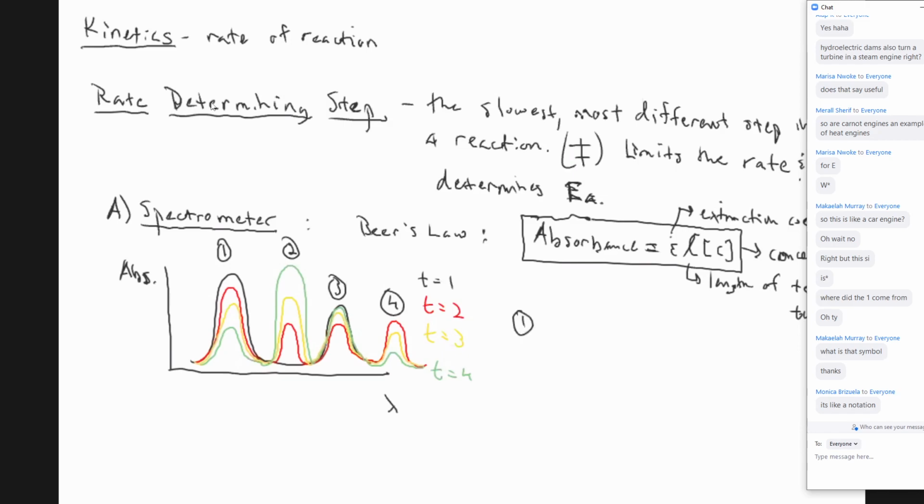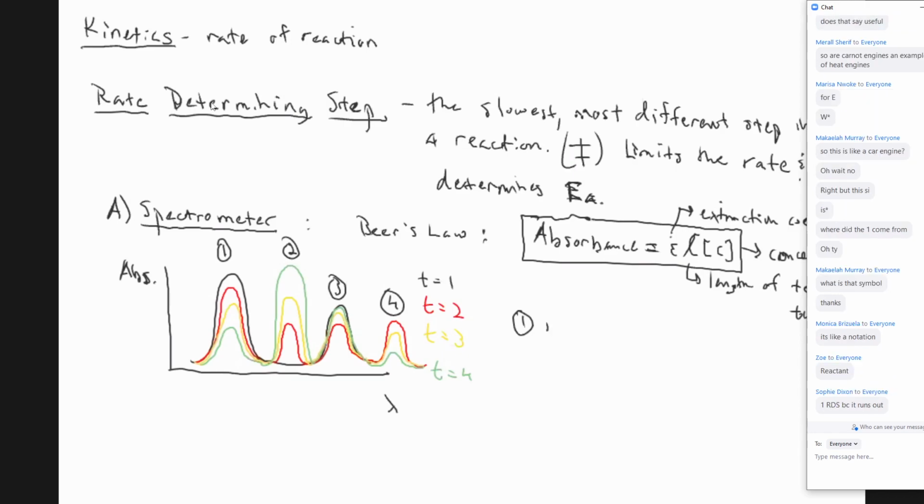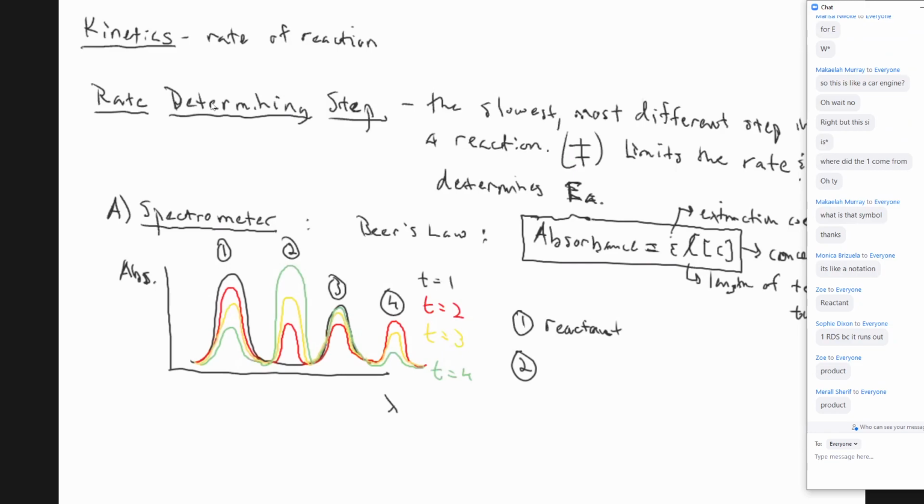It's been decreasing the whole time as a chemical reaction happens. Good. The reactant, right? Because eventually it's going to run out and it's been getting less. What about molecule 2? It's getting larger the whole time. Starts off with nothing, becomes more and more and more. What do you expect that to be? Product.